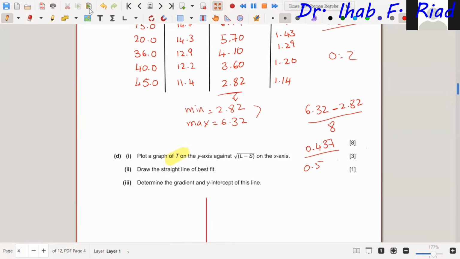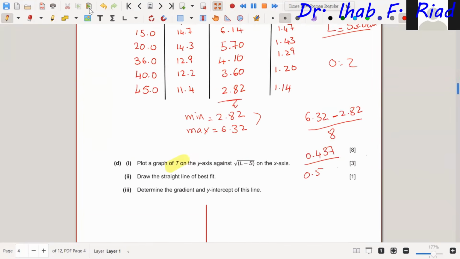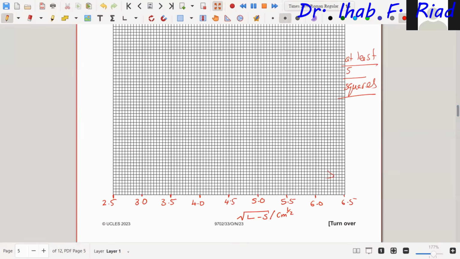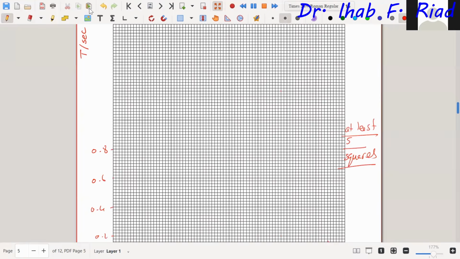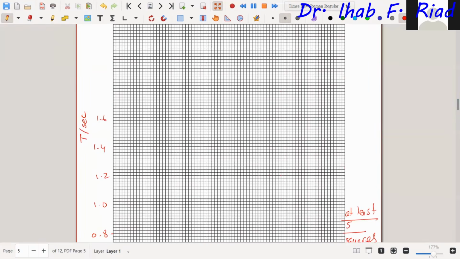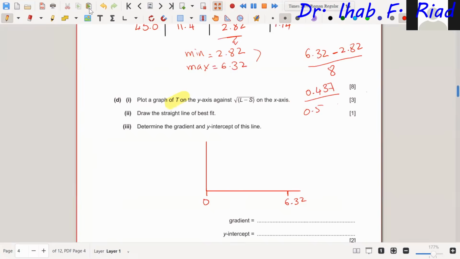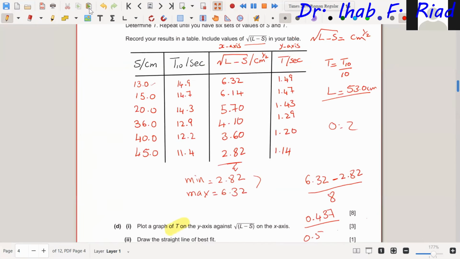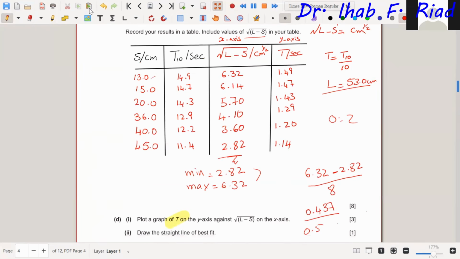Okay. So it is going to be 0.2, 0.4, 0.6, 0.8, 1, 1.2, 1.4, 1.6, 1.8. This is 1.49 divide 12.